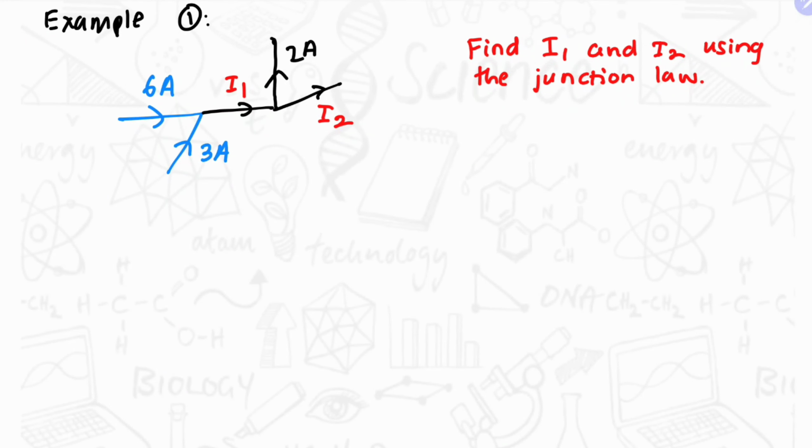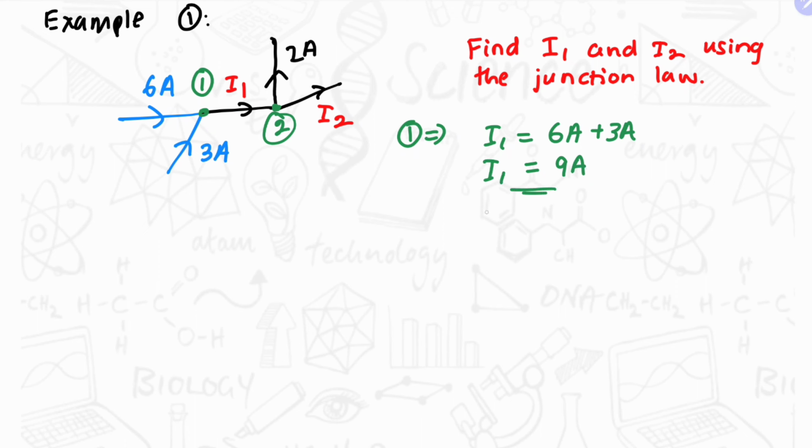Now let's move on to an example. Here we have to find I1 and I2 using the junction law. Let's consider this as junction 1 and this as junction 2. So if we consider the first junction, we can say that I1 is equal to 6 amperes plus 3 amperes, which will be 9 amperes.